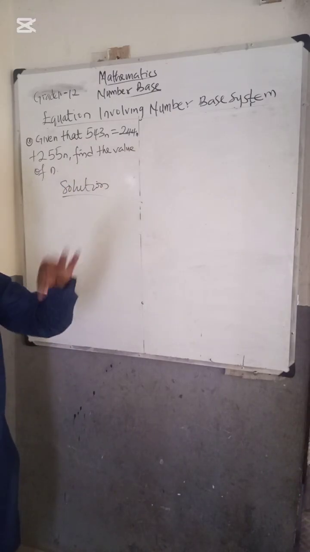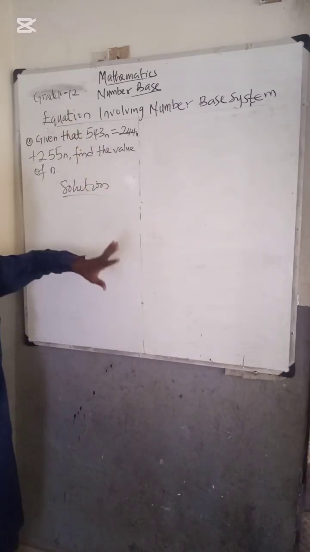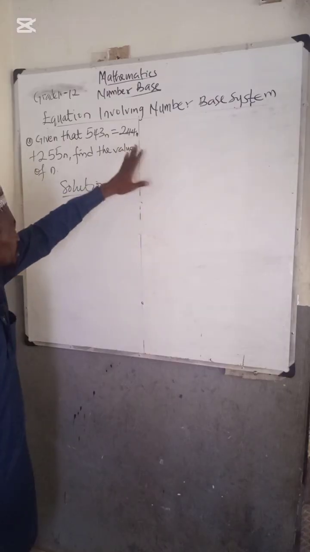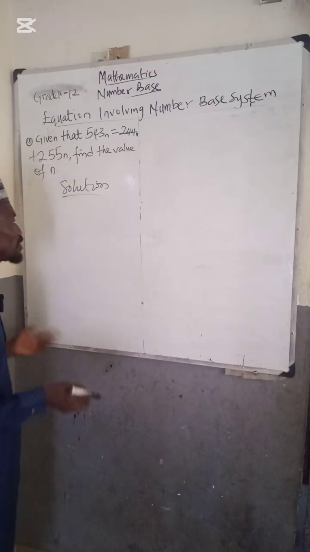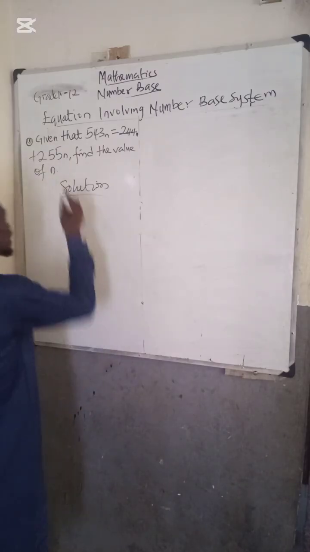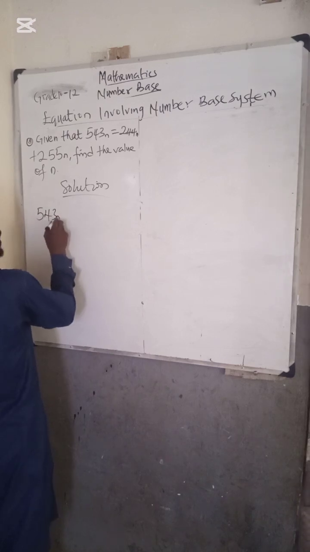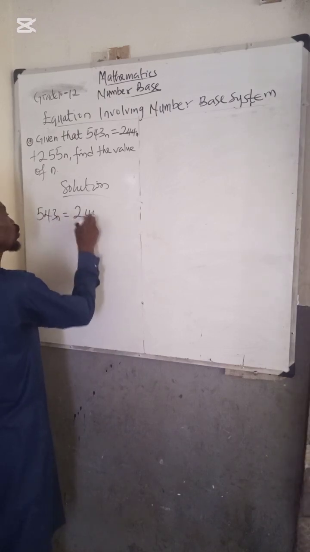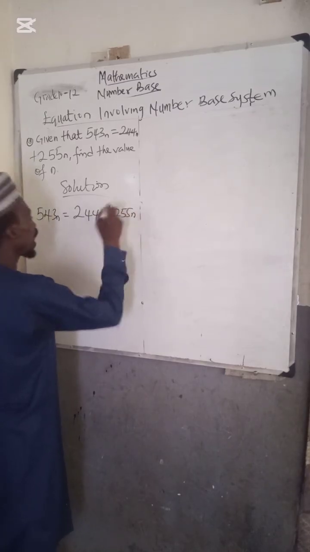The simplest and easiest way is to convert the left-hand side expression and the right-hand side expression into base 10 numbers. That will make everything very easy.